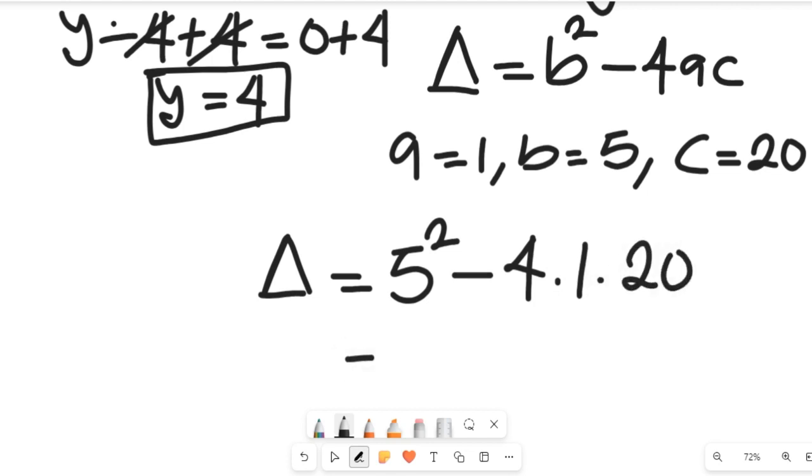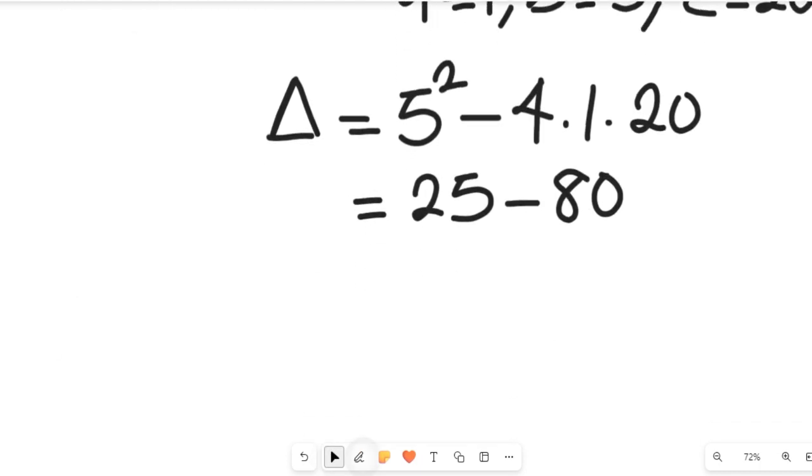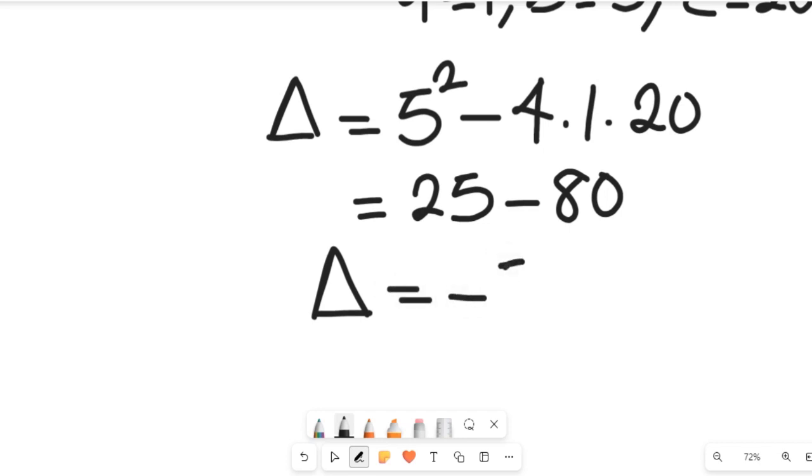So this is going to give us 25 minus 4 times 20, and 4 times 20 is going to give us 80, right? So if we simplify that, the value of our discriminant will be equal to 25 minus 80, which will give us a negative 55, which we know is less than 0.